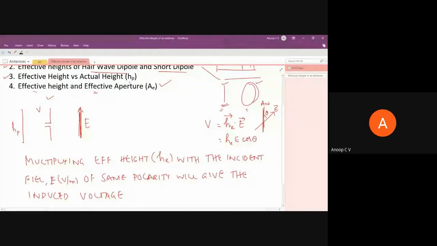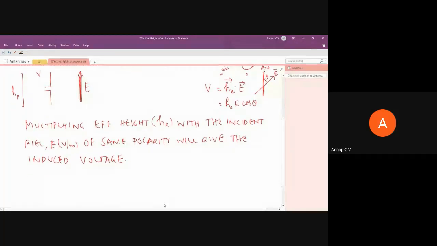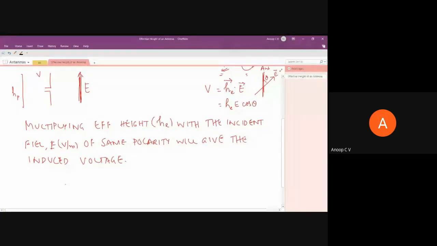When I write the mathematical expression, you will be comfortable with this. So which means the induced voltage V can be represented as HE times E.